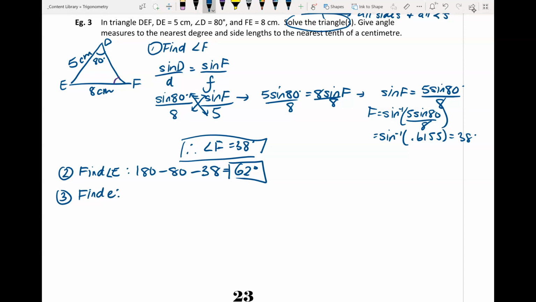I'm going to use the sine law here, and I will use information about D because this will be the most accurate one since it was given to us in the original question. Then I'm going to fill in our information about our angle D and side D. We just found sine E. E is going to be 62 degrees, and we're looking for side E. So from here, we're going to cross multiply and divide.